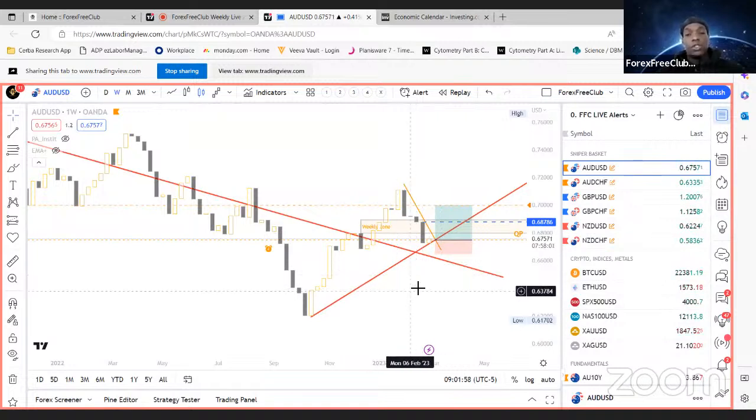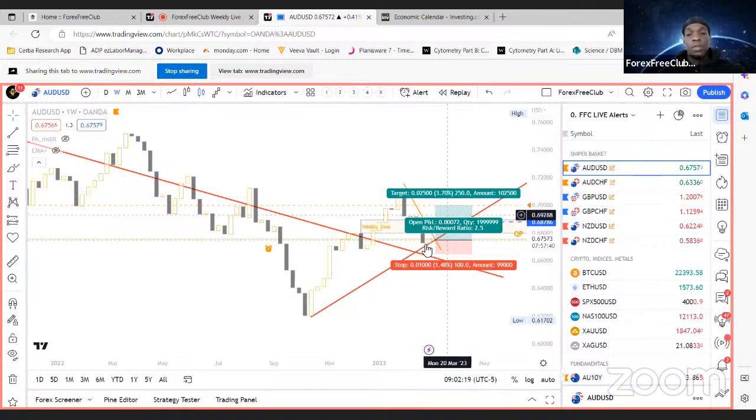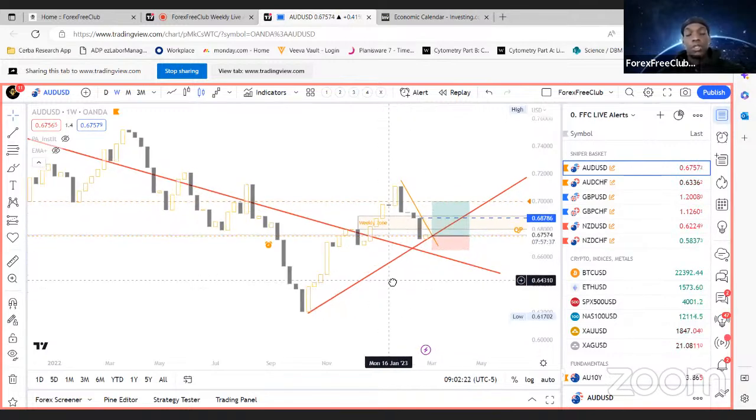So if we're in some drawdown, hopefully you put a stop loss that is able to hold that drawdown until we're able to get on the right side of the market. For now, it looks like we are getting a small bullish reaction from this week. So hopefully we close bullish this week, and we'll be looking to continue up for next week.